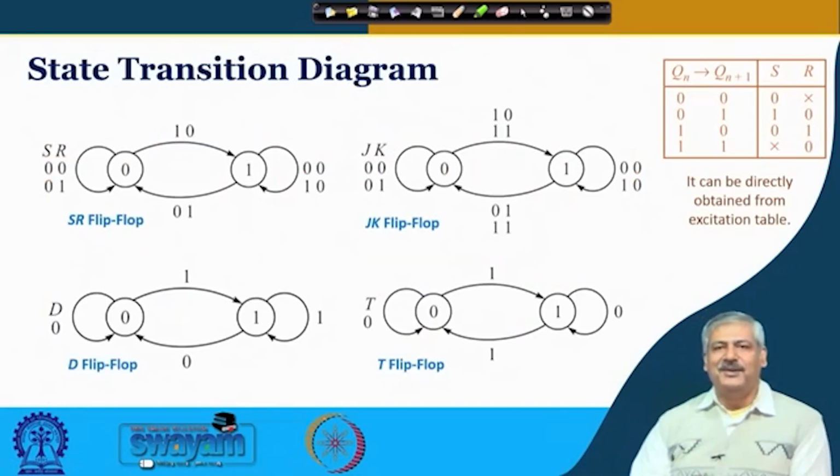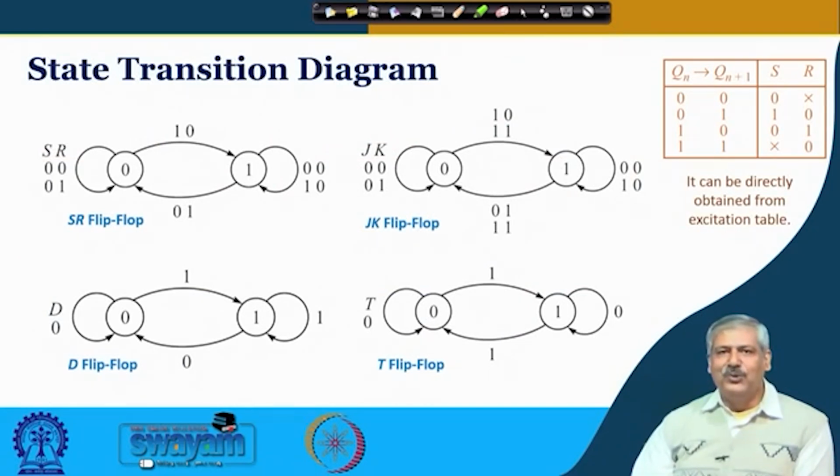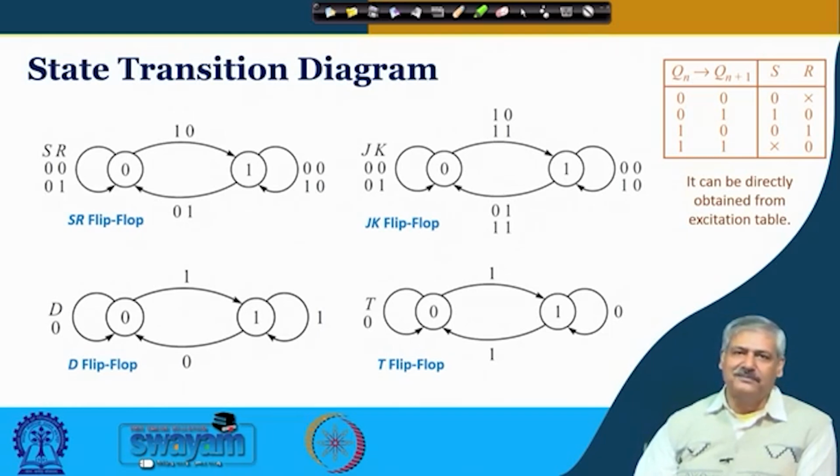Okay. Now, the excitation table, whatever we have seen there, we can put in the form of a state transition diagram. This is another way of visualizing what is happening in a flip flop. For a particular flip flop, we have two states, because it stores 1 bit of information: the state when the output is 1 and the state when the output is 0.